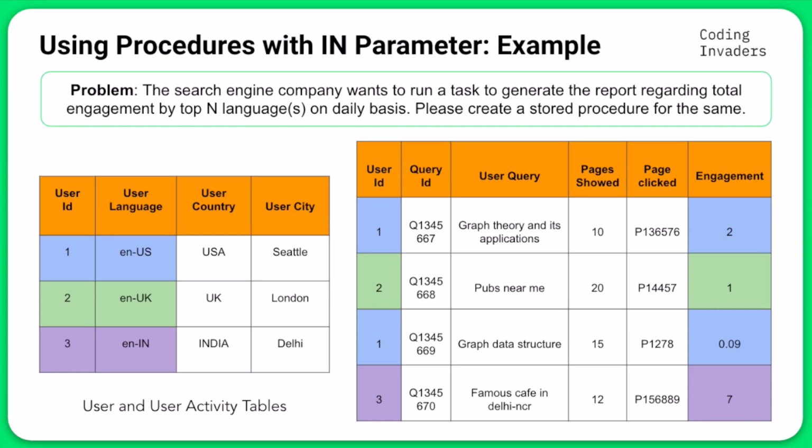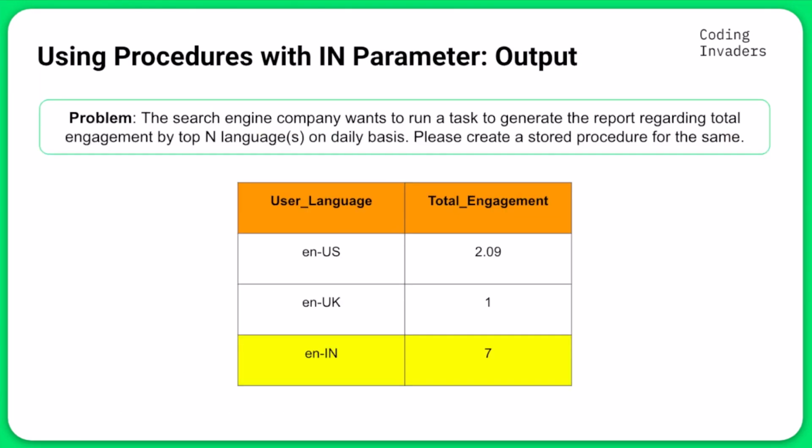The output should be only IN, India, because out of total engagement, the top is India, since the engagement score is 7.